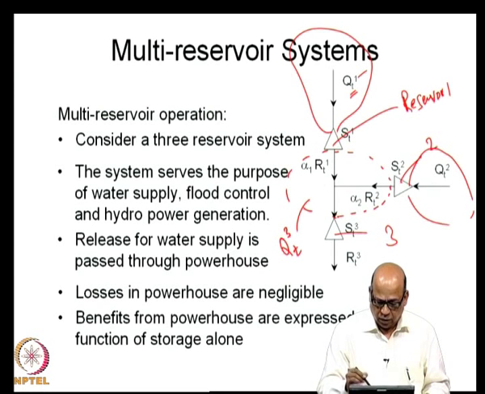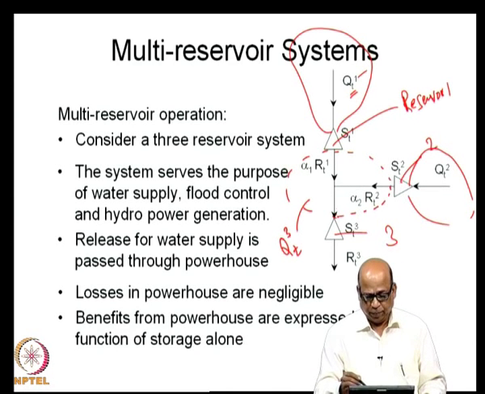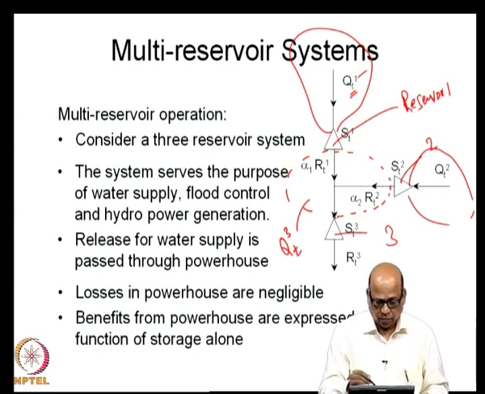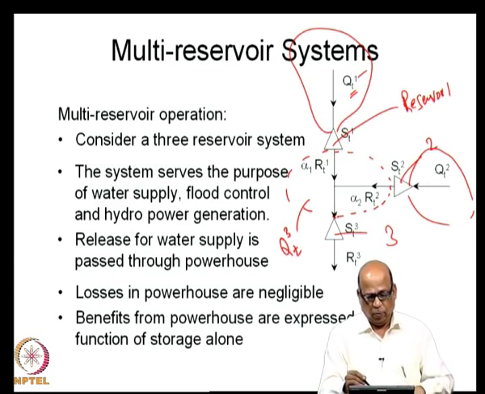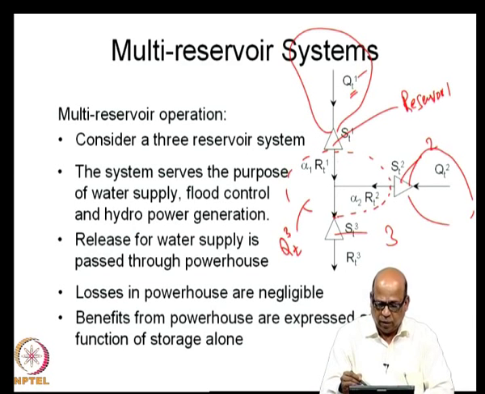In addition, it also receives water from reservoir 1. Let us say you made a release of R1t from reservoir 1, part of it may come and join this reservoir in general, because some of it may have been utilized and only some part may actually join this reservoir. So, we will indicate it as alpha 1 R1t, where alpha 1 is the fraction of the release that joins the downstream reservoir.